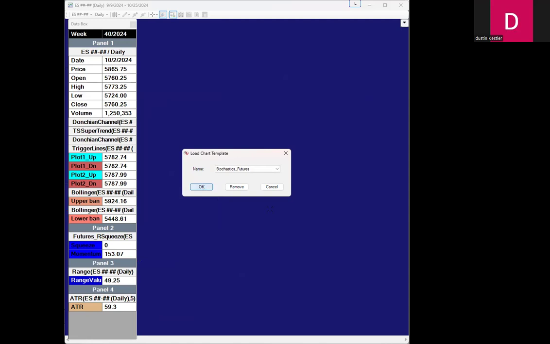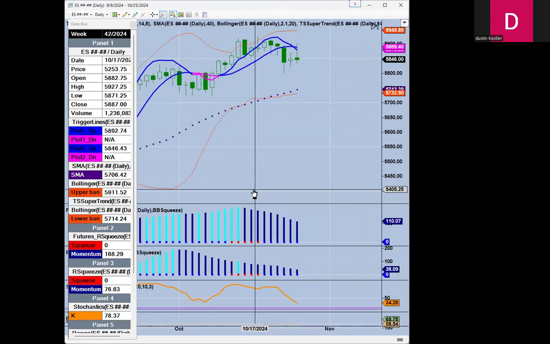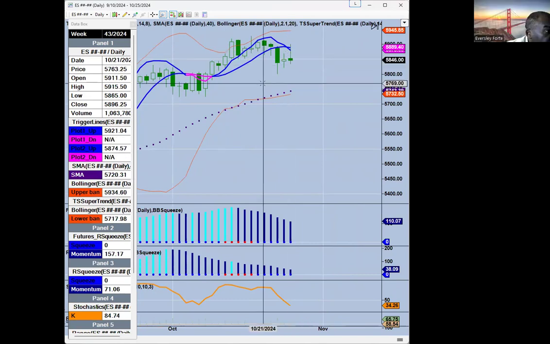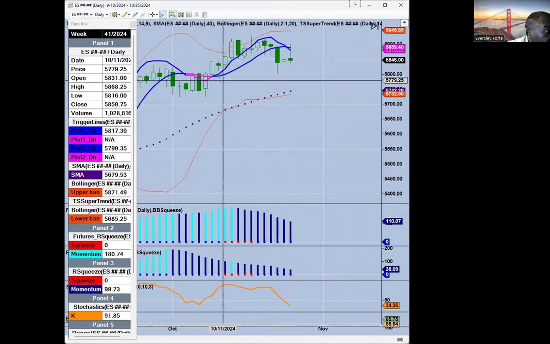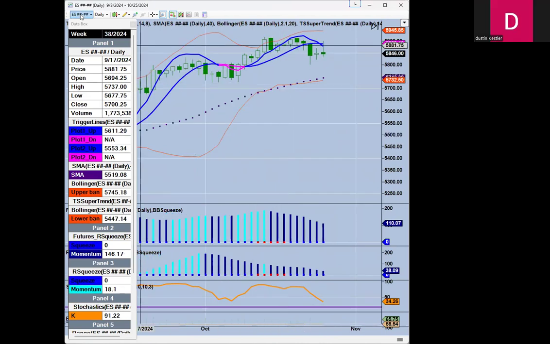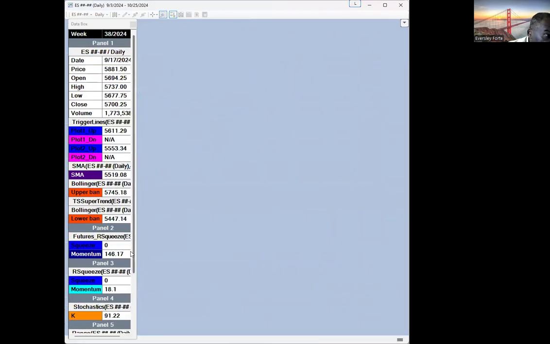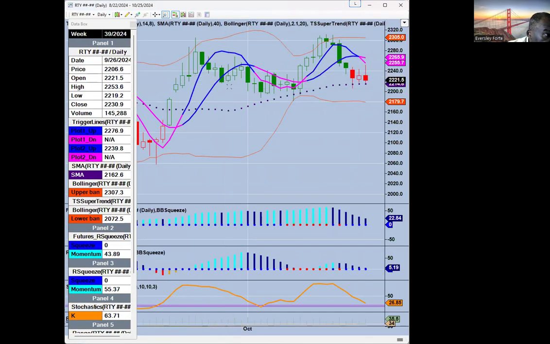This S&P becomes a sell when it goes below this level. I think we might have had one getting close. Let's take a look at Russell. Russell's closer. One push lower, and we close below this level, we're going to have a sell on Russell.